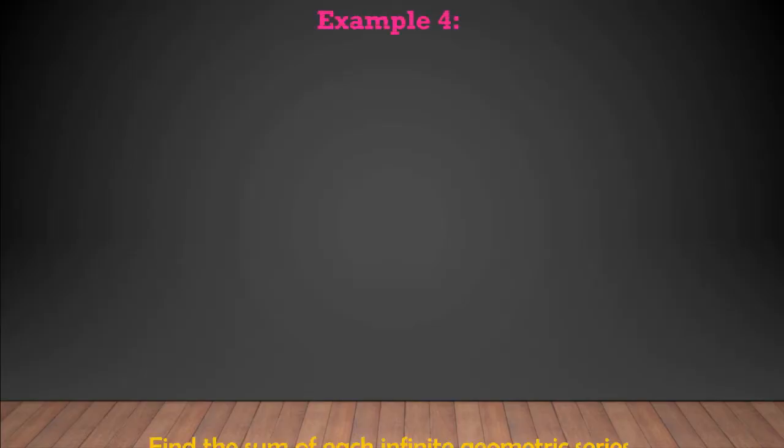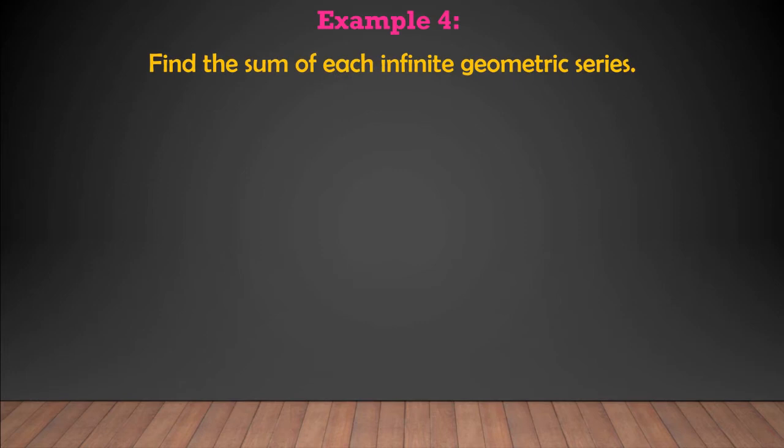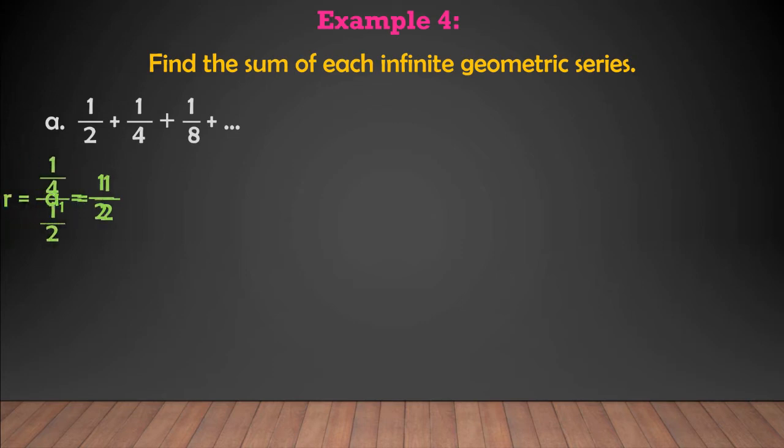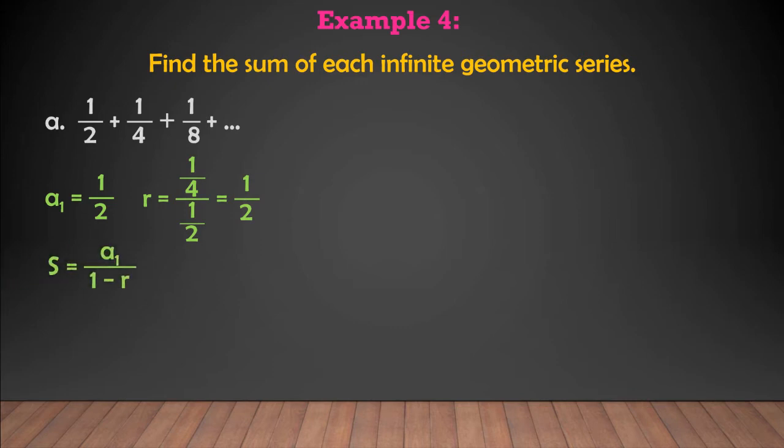Now let's have an example. Find the sum of each infinite geometric series. Letter A, 1/2 plus 1/4 plus 1/8 plus dot dot dot. So here, a sub 1 is 1/2. The common ratio is 1/4 divided by 1/2, which is equal to 1/2. 1/2 is less than 1, therefore we can get the sum.